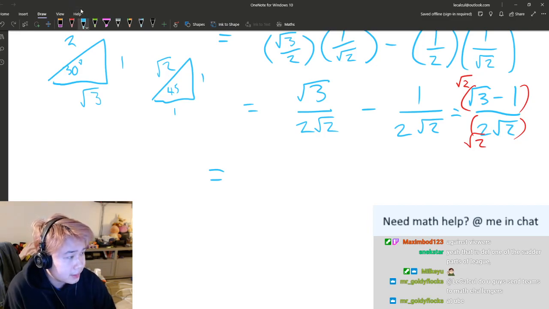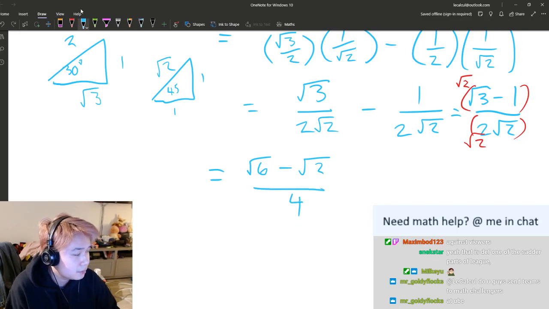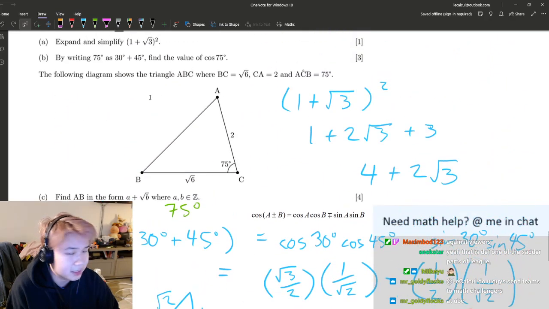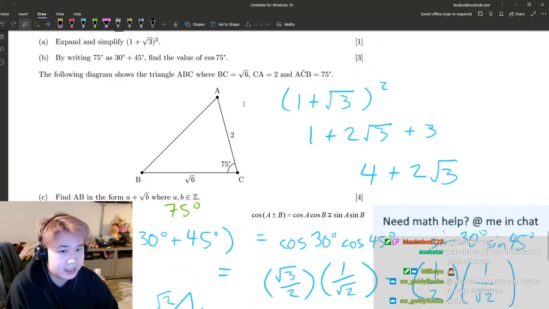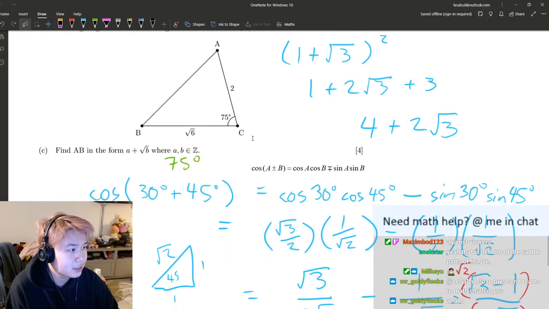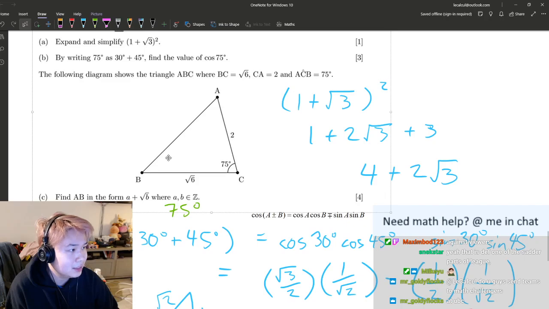Okay, then let's see what we have on top. We will have root 6 minus root 2 over 4. Sure. Okay, so we figured that out. And then in this diagram, we have this triangle. And then we need to find the length of AB in this format. So AB is right here, from here to here.